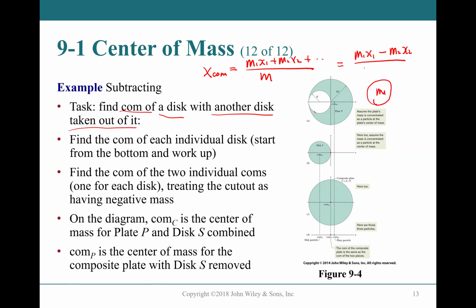And then divide by m1 plus negative m2, so minus m2. Then you can find the center of mass for this. If you add these two together, you are going to get the composite plate, C equals S plus P. Okay.